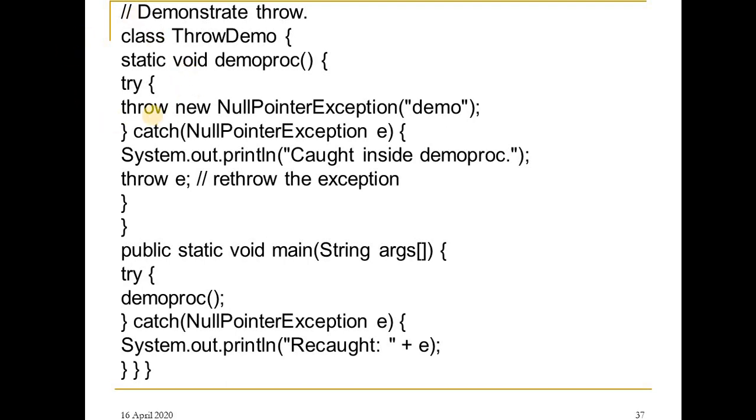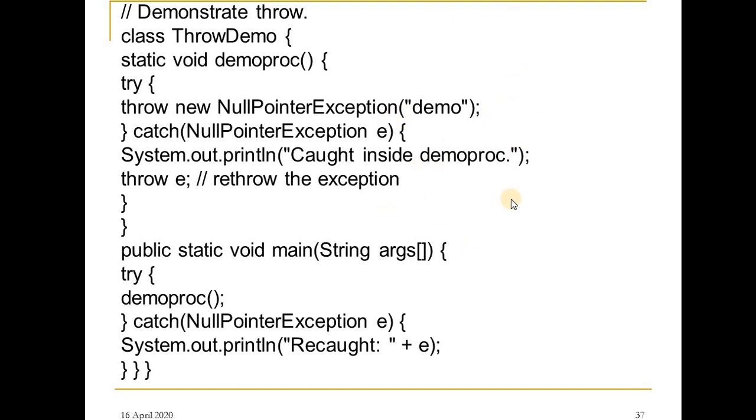This new keyword over here is used to create an object of type NullPointerException. Many of Java's built-in runtime exceptions have at least two constructors, one with no parameter and one that takes a string parameter.